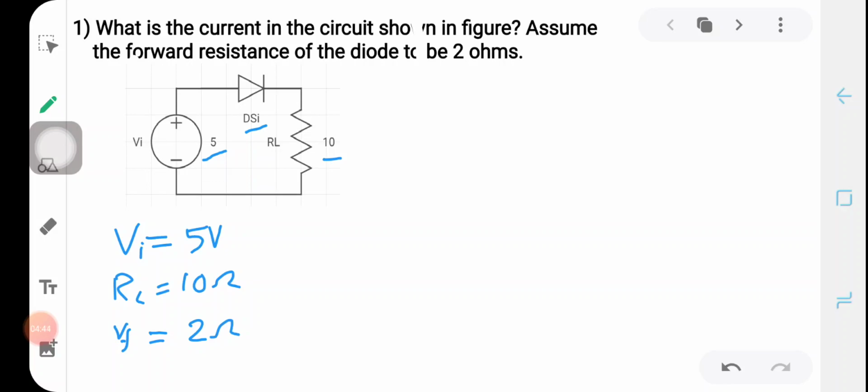Silicon means we have the knee voltage, the voltage needed to overcome the potential barrier, which is V0 or Vknee. It is better to use Vknee because V0 we use for representing the output voltage. So the Vknee voltage is 0.7 volt.